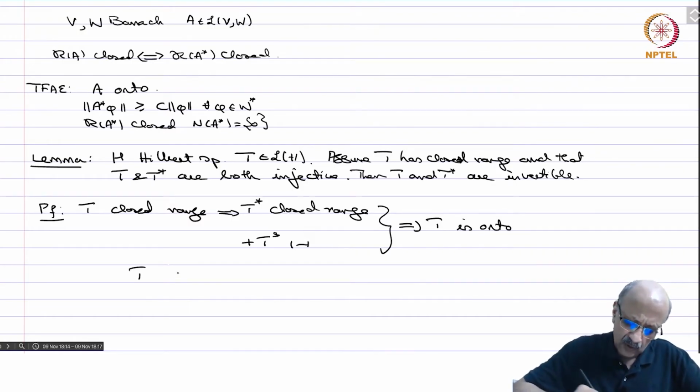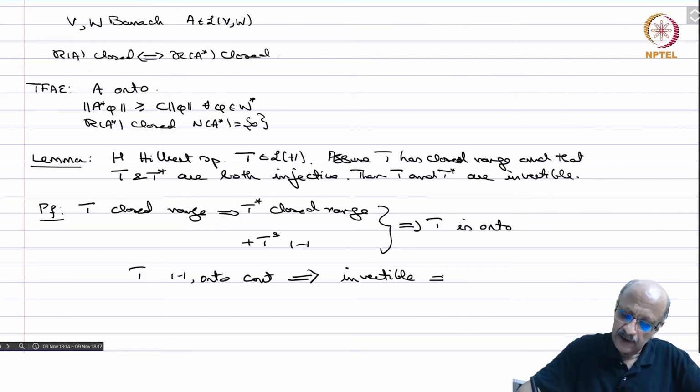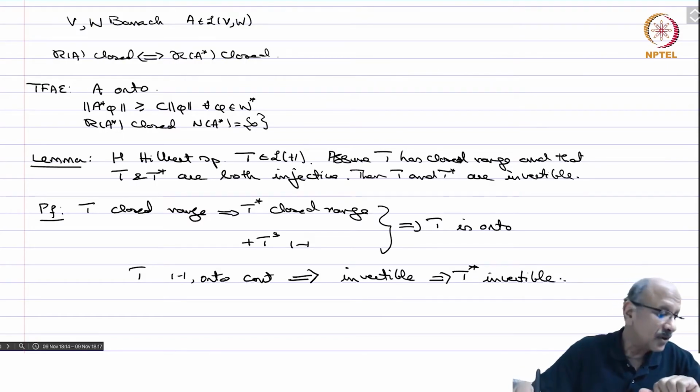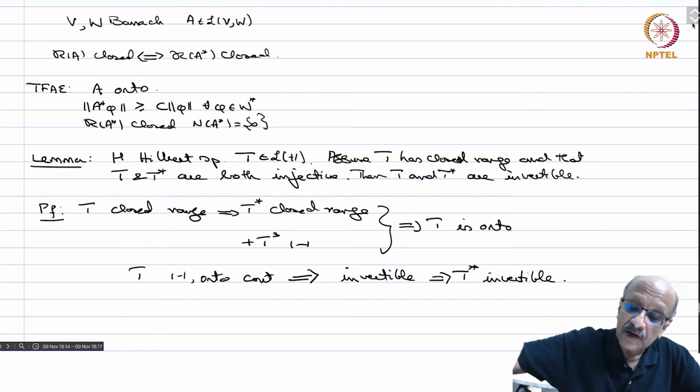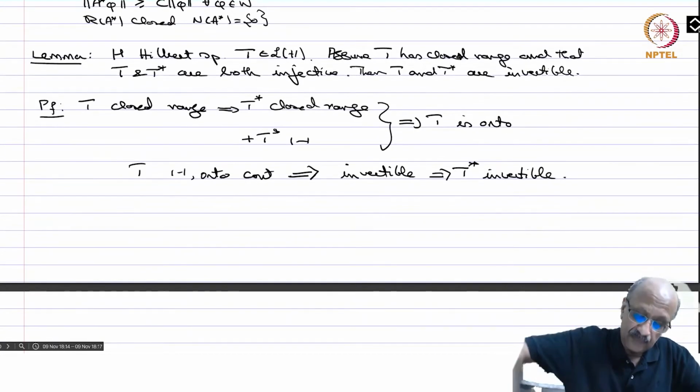So T is one-one, onto, continuous, and therefore by the open mapping theorem it is invertible. And that also implies that T invertible means T star is invertible, as we have already seen yesterday. Okay, so T and T star are both invertible. So this is a very useful lemma which we will have occasion to use today again and again.